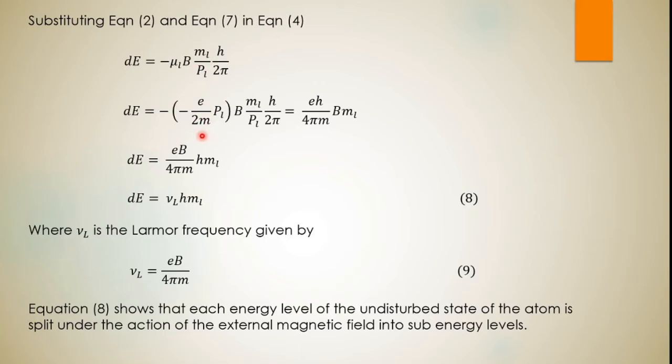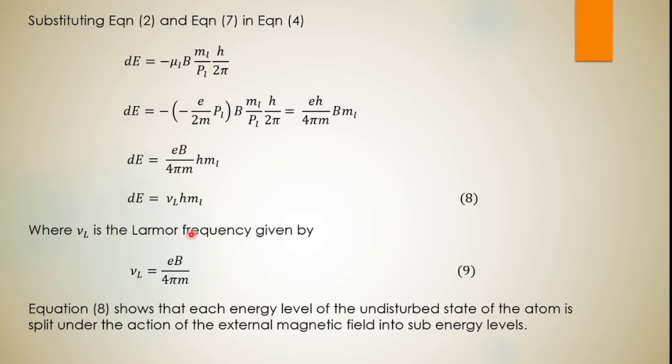Substituting for mu L and rearranging, we have dE equal to eh by 4 pi m into B into ML, or dE equal to eB by 4 pi m into h into ML, or dE equal to mu L into h into ML.